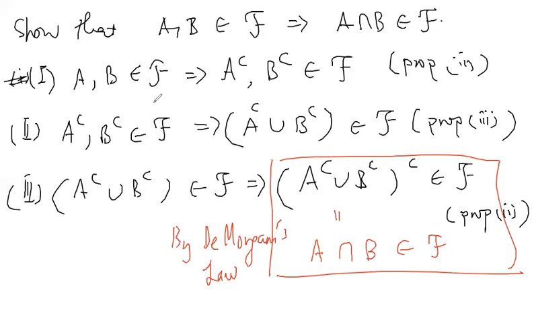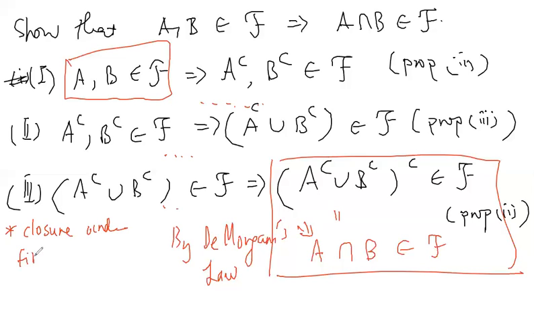You manage to show, starting from here, through a sequence of intermediate steps, that finally it implies this. Therefore closure under finite union implies closure under finite intersection, and vice versa.